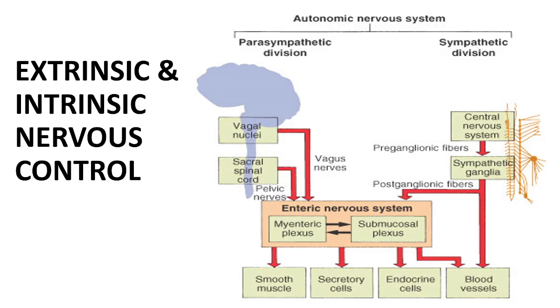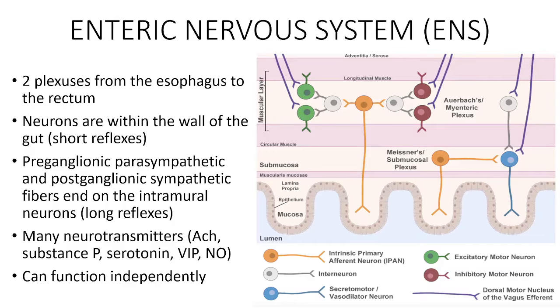And non-paired structures are the prevertebral ganglia, like the celiac ganglion, and the superior and inferior mesenteric ganglia. So these are sympathetic ganglia, and they send postganglionic fibers to, again, synapse on the same Auerbach's and Meissner's plexuses. So here is the enteric nervous system.